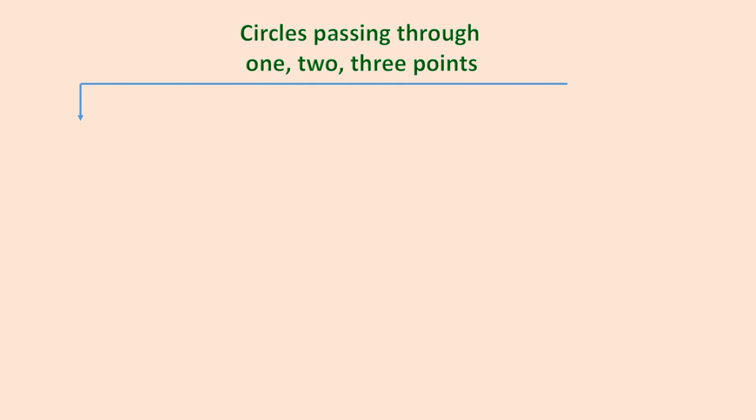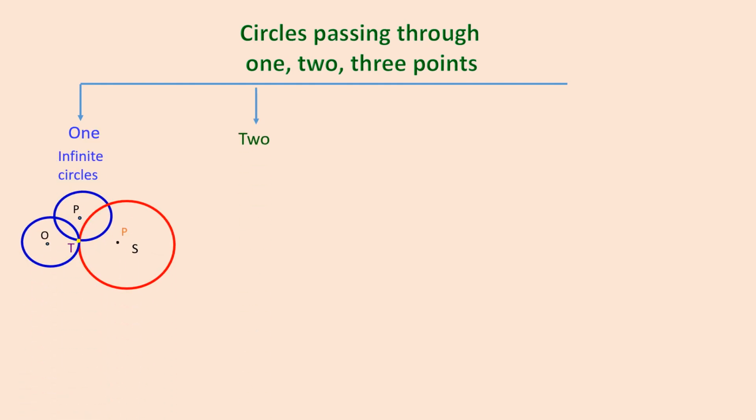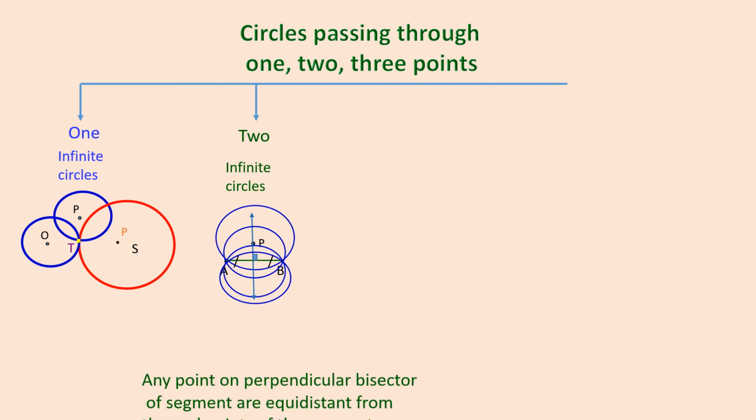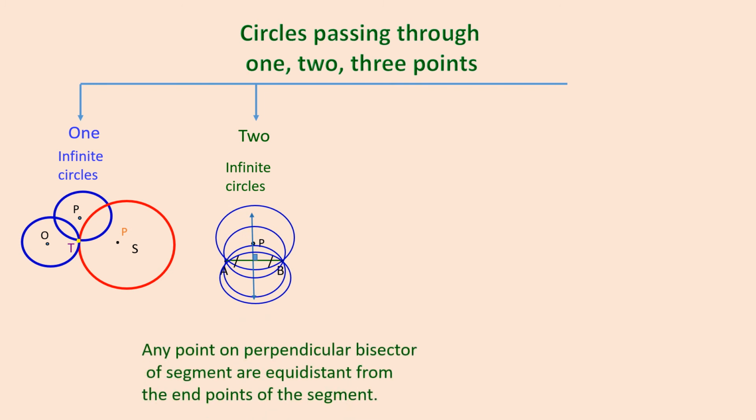Summarization we have done here. With one point we have an infinite number of circles passing through it. With two points we have an infinite number of circles passing through, as we have seen, and any point on the perpendicular bisector of the segment is equidistant from the endpoints of the segment.